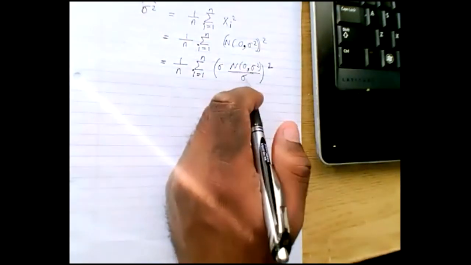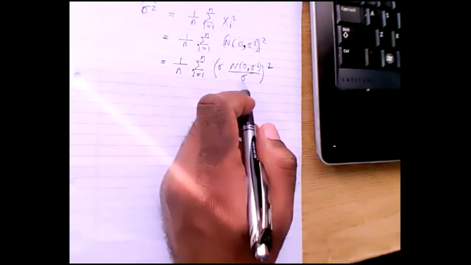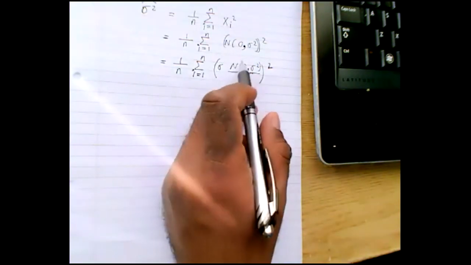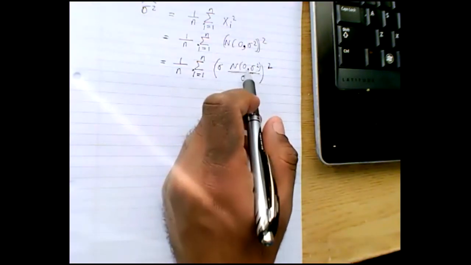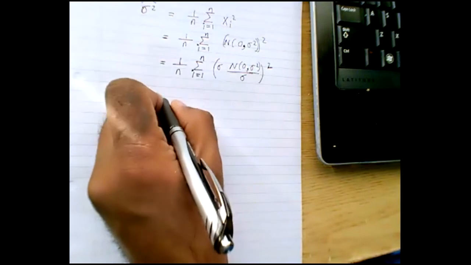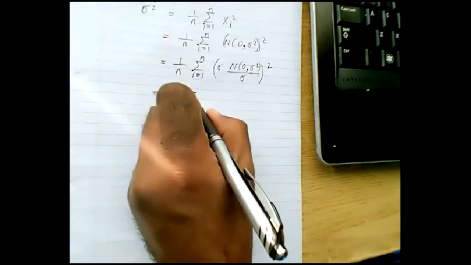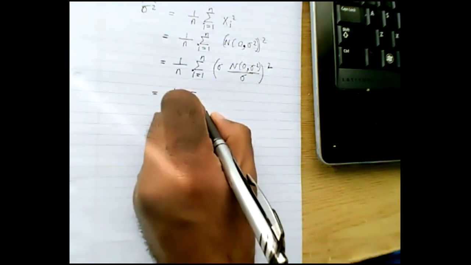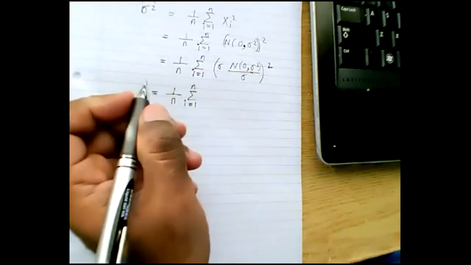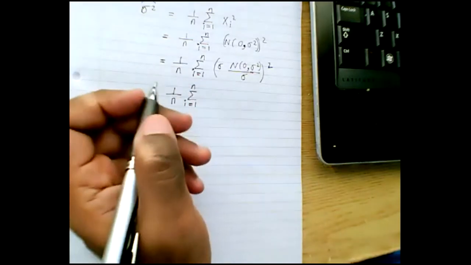All right, you have this. Now let me ask you something. If you divide a normal variable with these parameters by sigma, what would you get? I'm talking about this term here. What I'm asking you is the normal standardization. Remember, to standardize a normal variable, you subtract the mean and divide by the standard deviation.